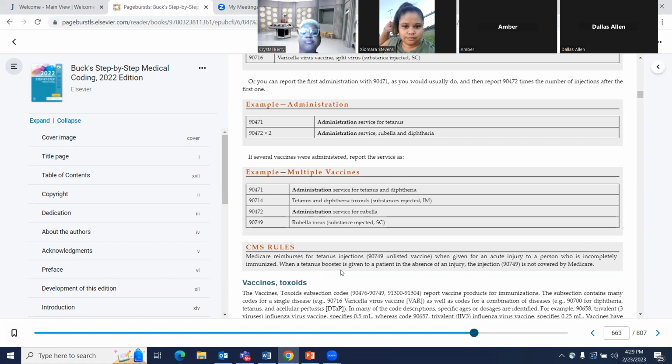When a tetanus booster is given to a patient in the absence of an injury, the injection 90749 is not covered by Medicare. So you know how they say sometimes they have to go get a tetanus shot if they stepped on a rusty nail or something like that, or if they've injured themselves, then it states right here, this is the CMS rule that would be used for that.